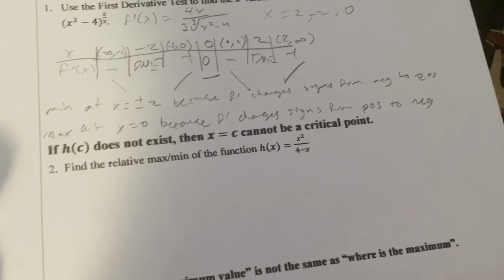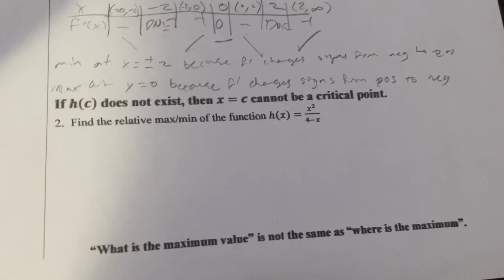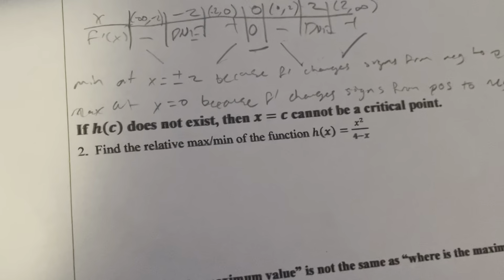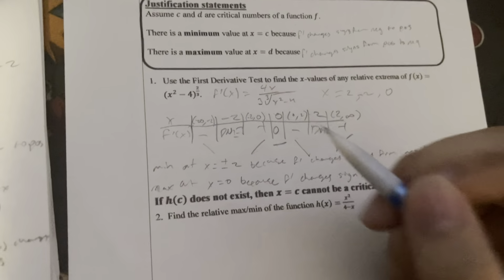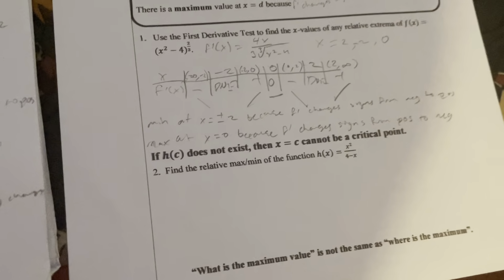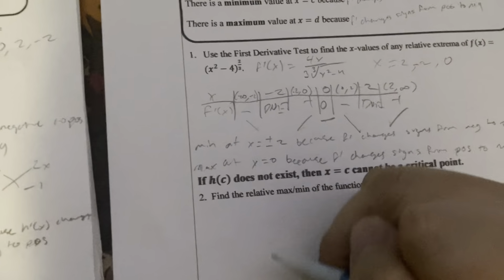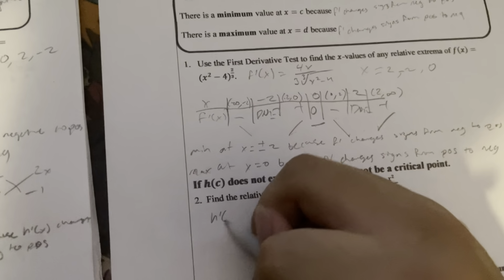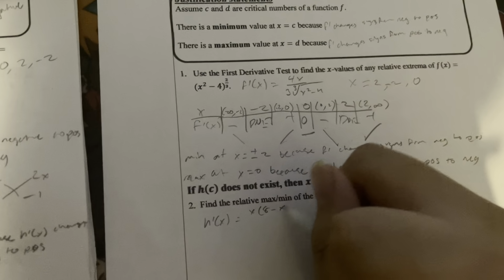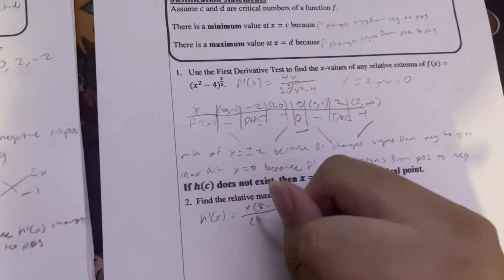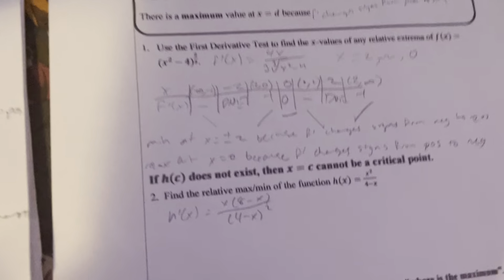If h of c does not exist, then x equals c cannot be a critical point. So for this, we find the derivative using quotient rule, and I've already done it, so I'll just write down h prime of x equals x(8 minus x) over 4 minus x squared.